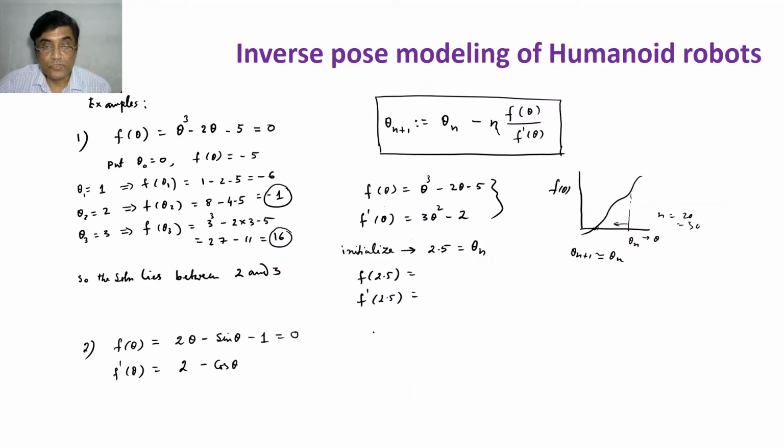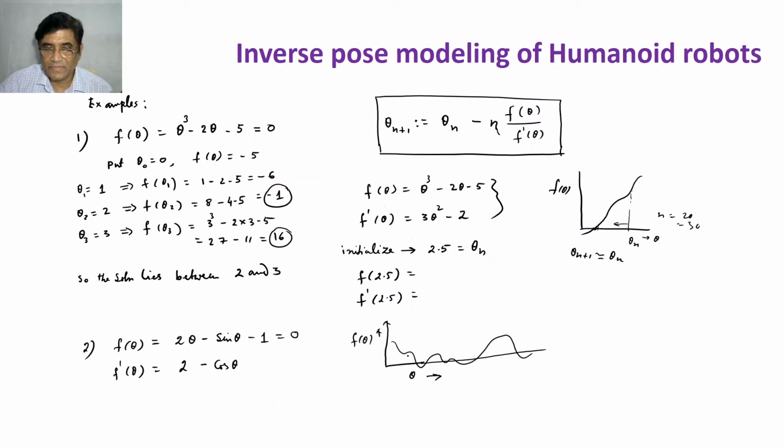And also, if there are multiple solutions, then you will get only one solution, okay? Because multiple solutions means your function may be like this, okay? Say, so many times maybe it is crossing this theta axis, right?